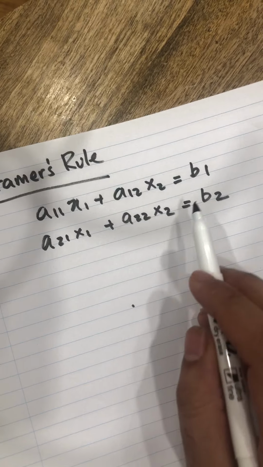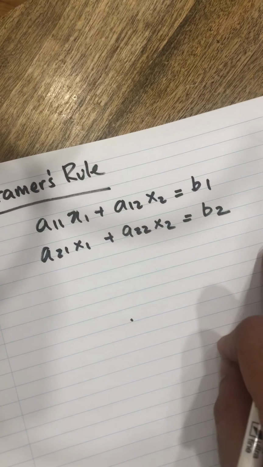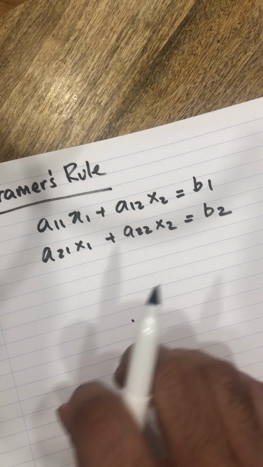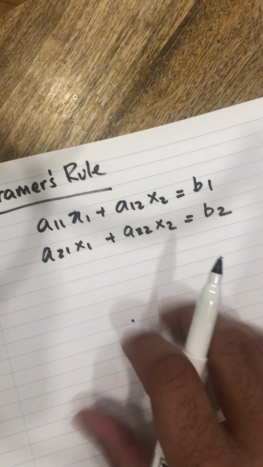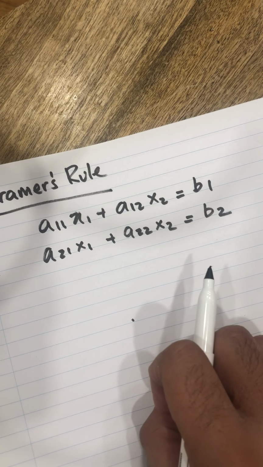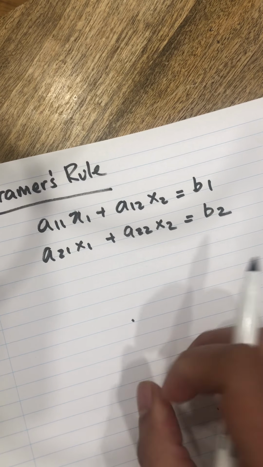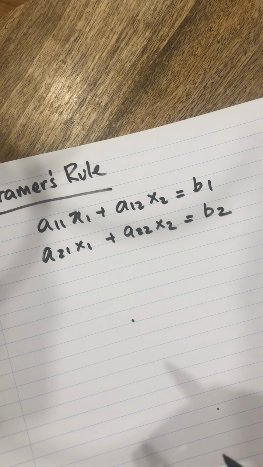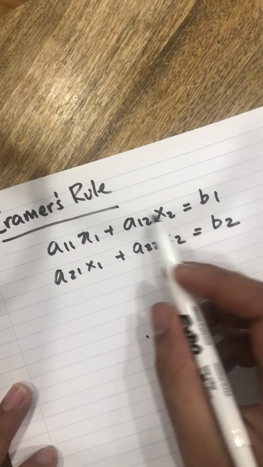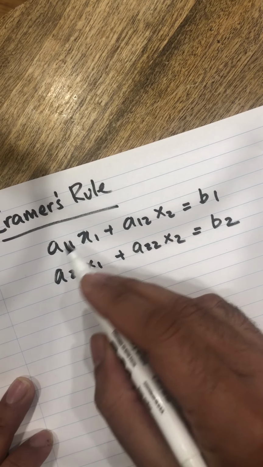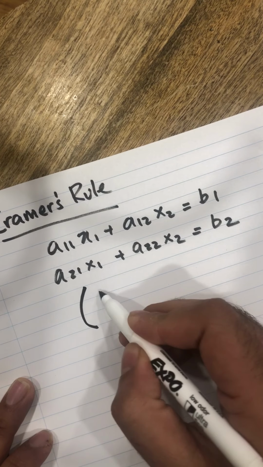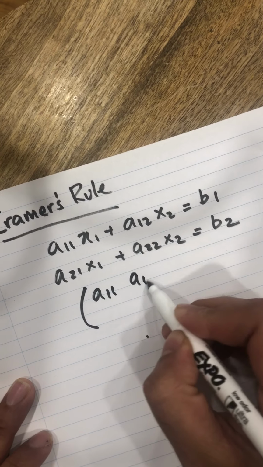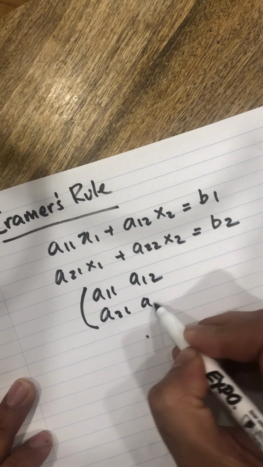Now, if you have equations like this, I don't know if you remember, but it's possible to write these equations out in a matrix form by clubbing the variables together. So what we can do is write out this equation in the form of a matrix like this: a11, a12, a21, a22.